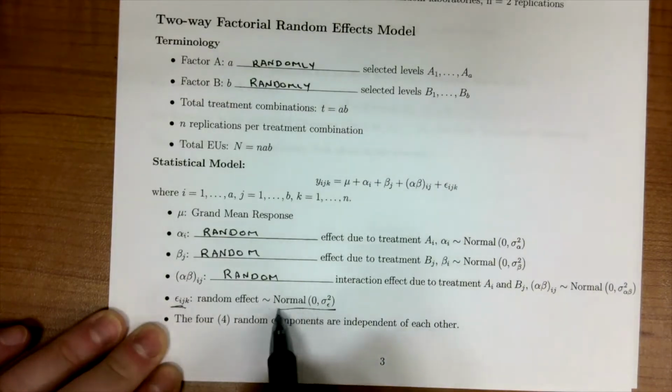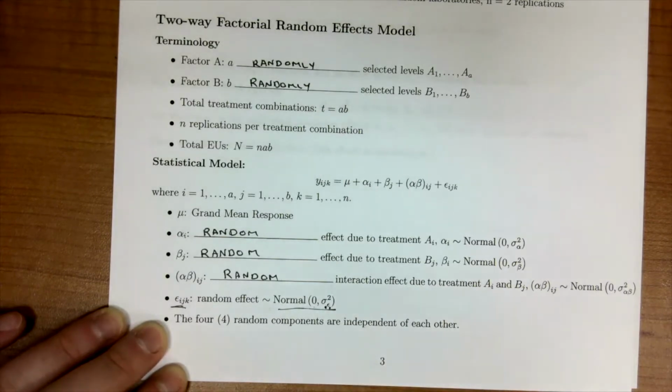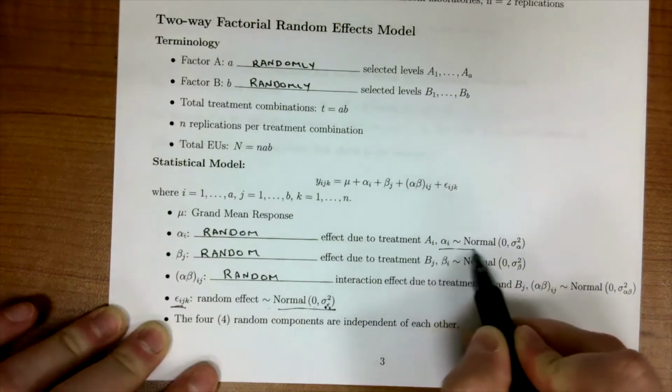We had our normal 0, sigma squared epsilon, and we would try to estimate this, and we would use MSE to estimate this from the ANOVA table. But now, since we have randomly selected the main effects, in the context of our problem the lab and the assay, and then our interaction effect, we now have random distributions that we set for each of these terms. So that's what this is saying right here.